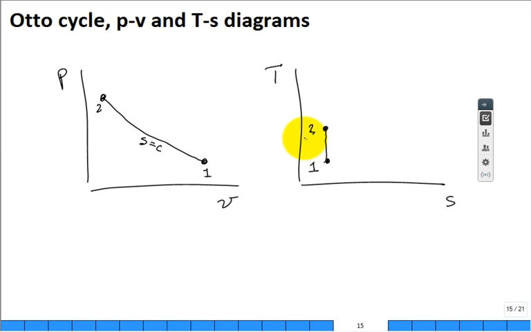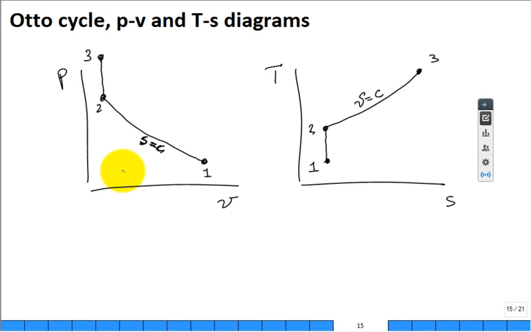Now you have constant volume heat addition. Constant volume heat addition, you don't change your volume, but the pressure is going to go way up. Likewise, this is going to go up to state 3. v is equal to a constant, just like s, entropy is equal to a constant for this other process, 1 to 2. All right.